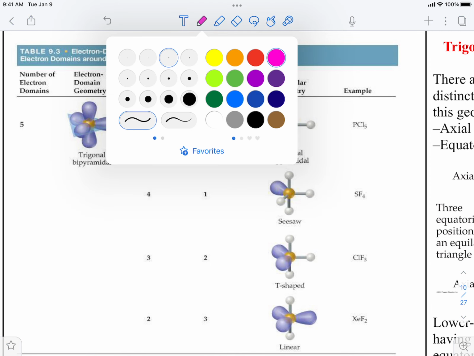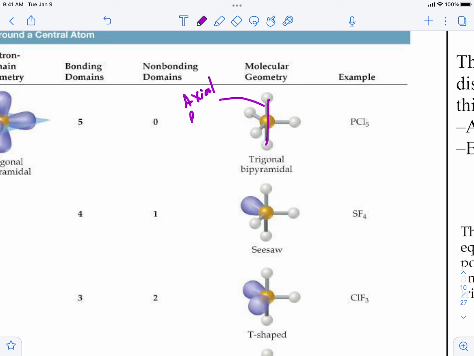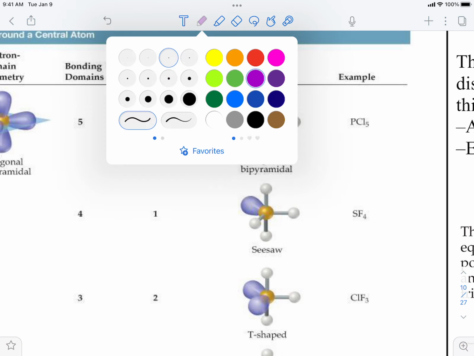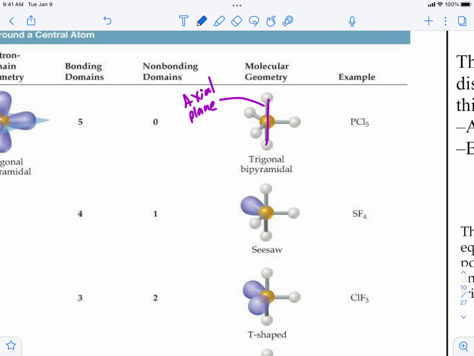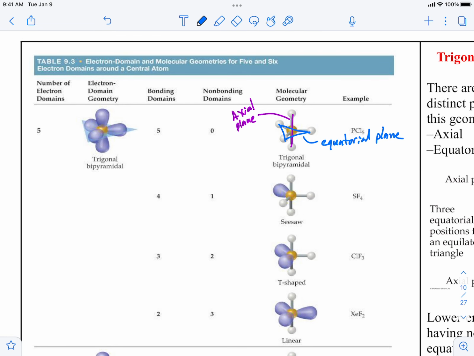This geometry has 2 axes. The vertical axis right here in purple, this is what's called the axial plane. And the triangle around the midsection is called the equatorial plane. So the equatorial plane is, if you look at it, that's where your trigonal planar is.